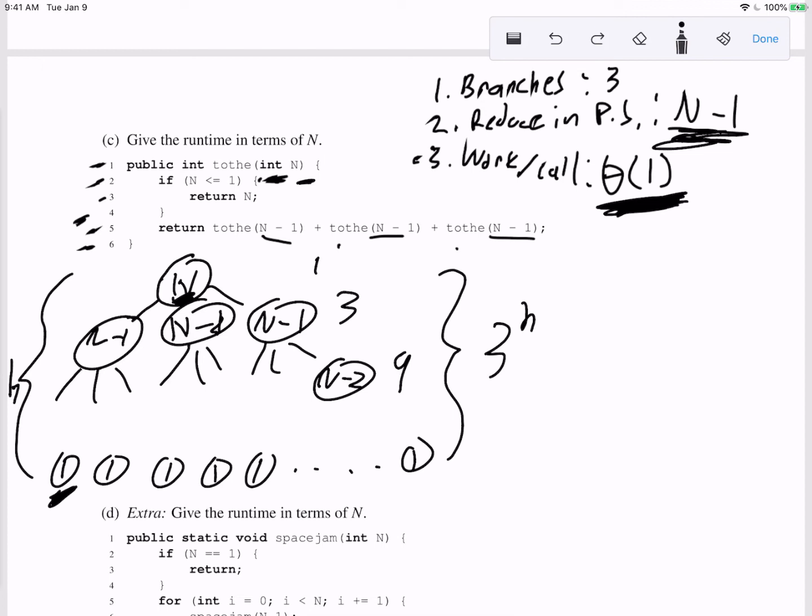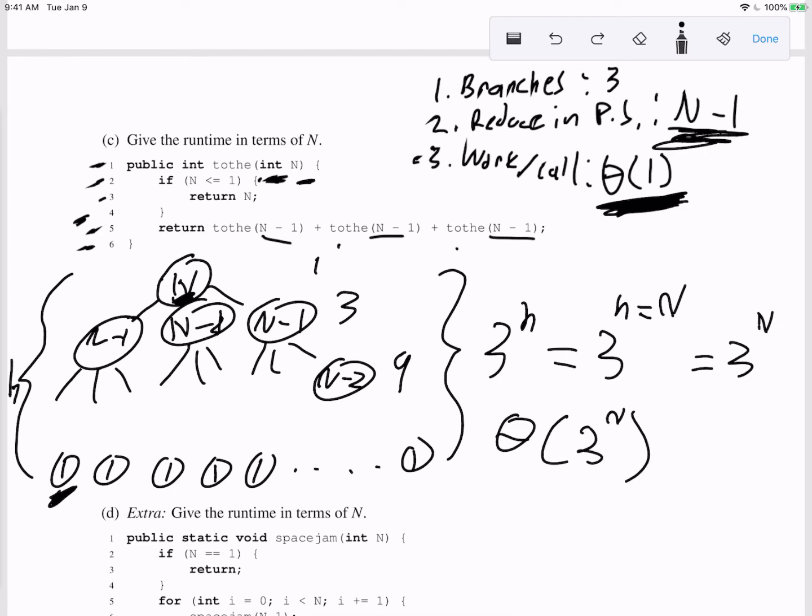So we would need to go down n levels to get to the bottom. Or maybe n minus 1, but in this case, it ends up not really changing much. Okay, so we know that h equals n. So there's 3 to the n things here. And that's our runtime, theta of 3 to the n.